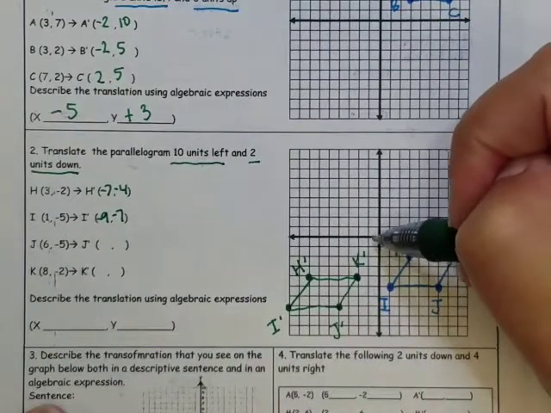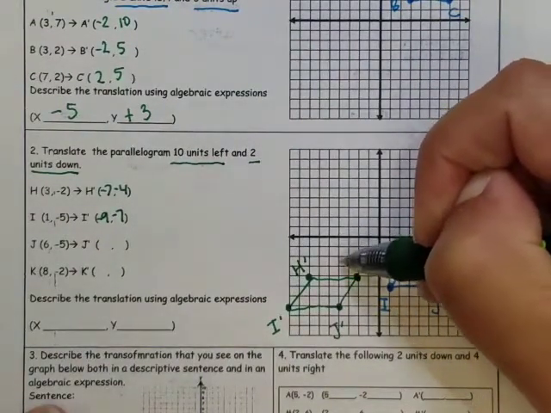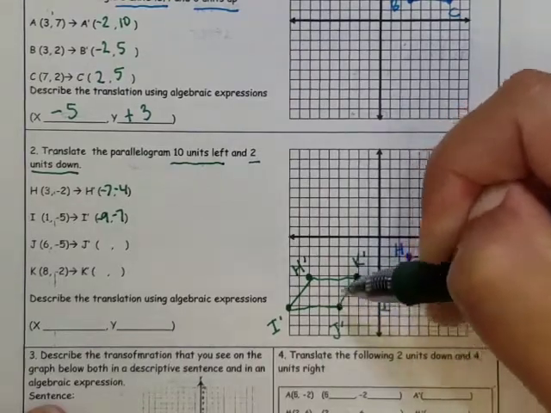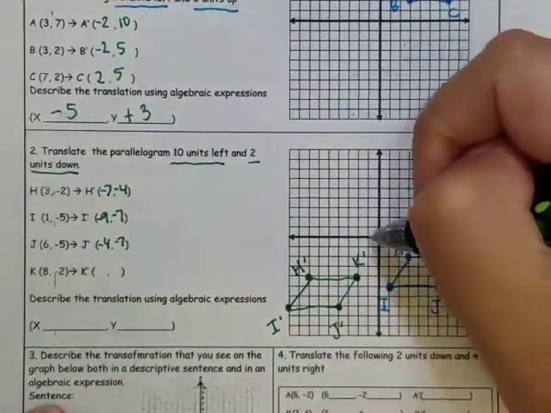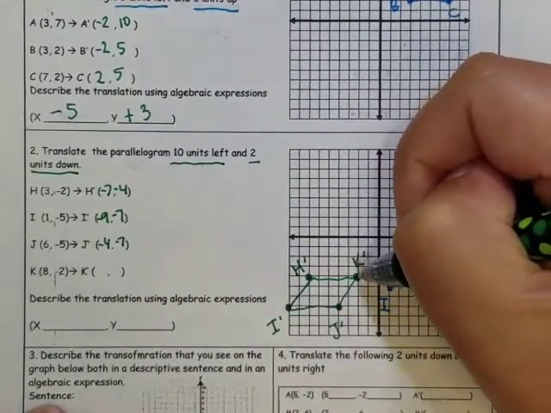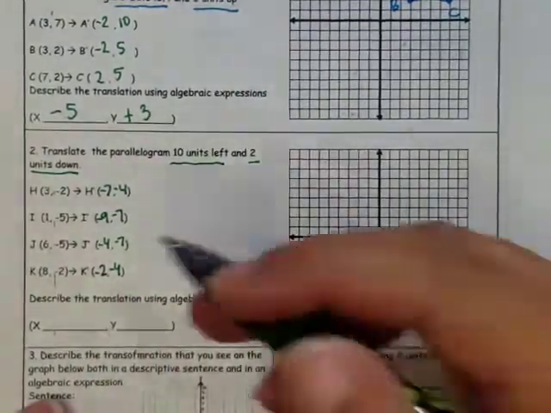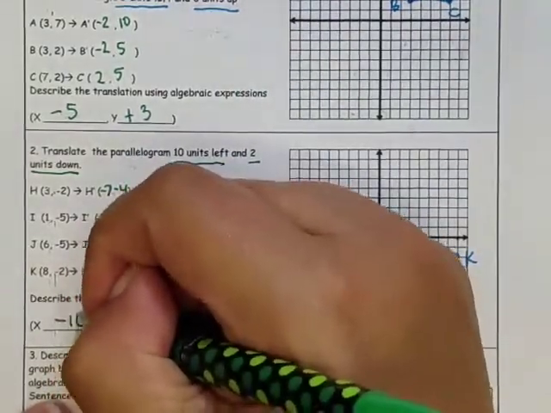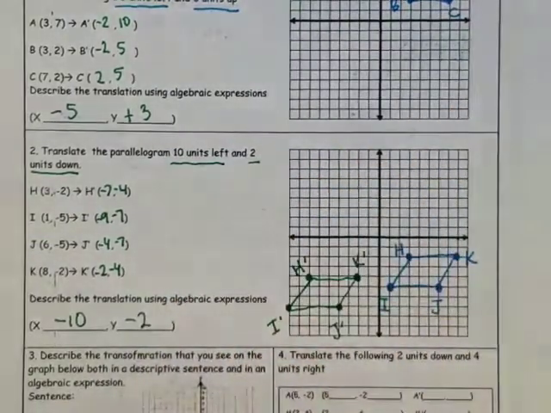For J, 1, 2, 3, 4, 1, 2, 3, 4, 5, 6, 7. So -4, -7. And then for K, 1, 2, 1, 2, 3, 4, -2, -4. All right, describe your translation. So for our x value, we went -10 to the left. For our y value, we went 2 units down, so -2.